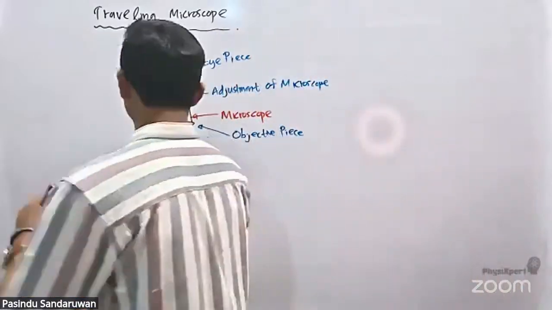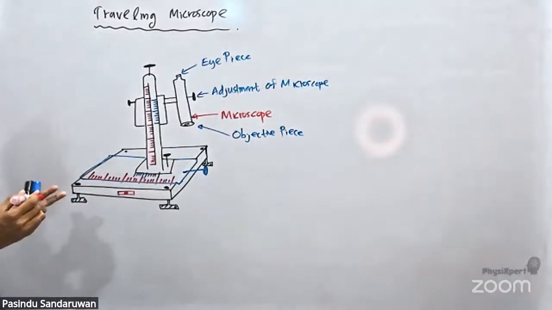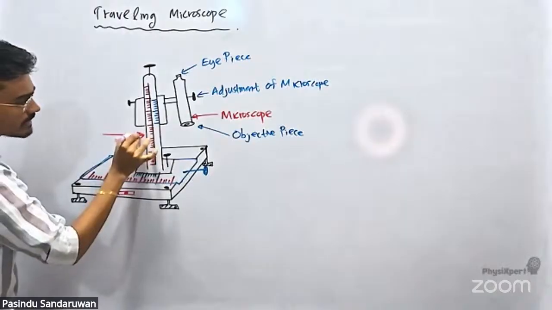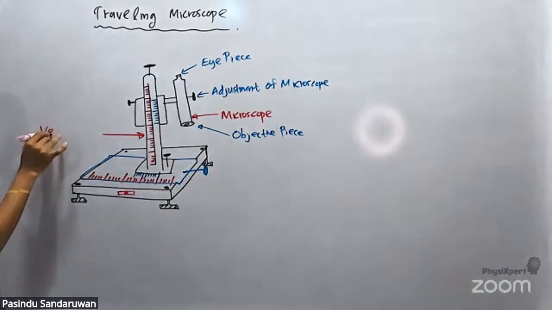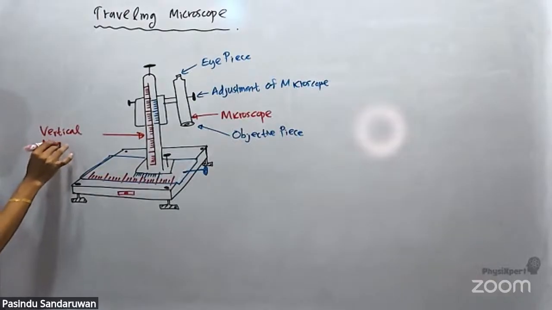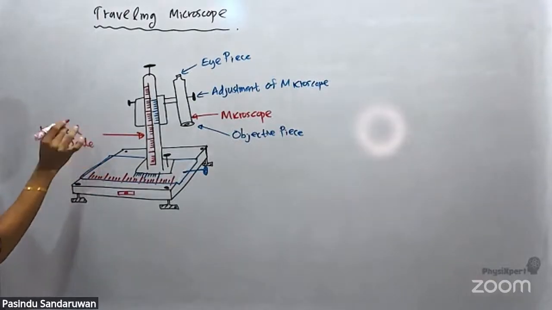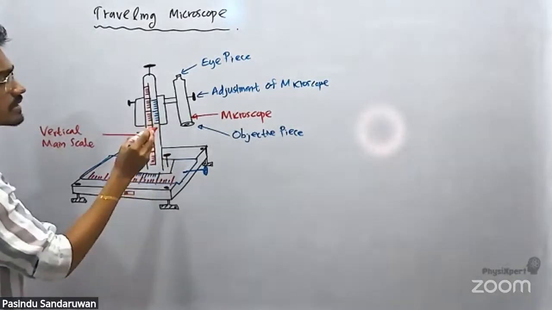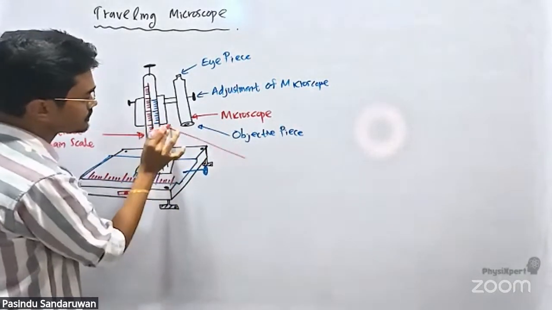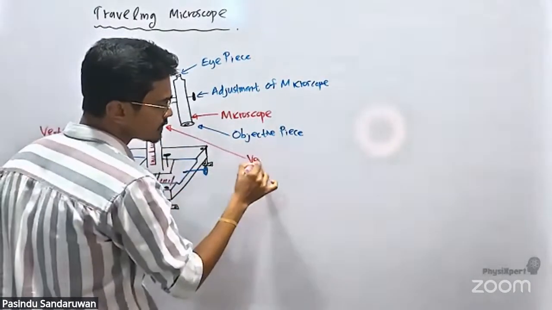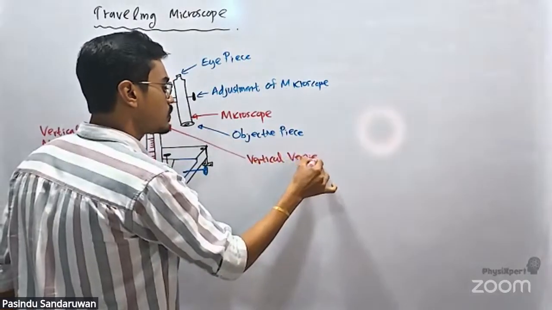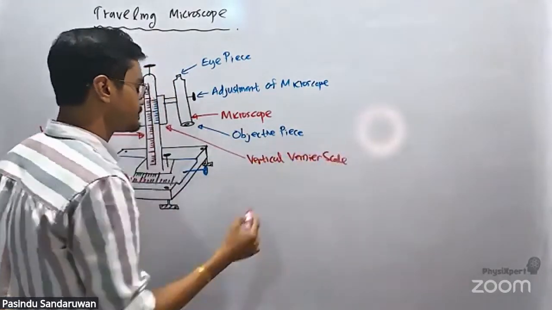So this is called the vertical main scale. And this part is called the vertical vernier scale.